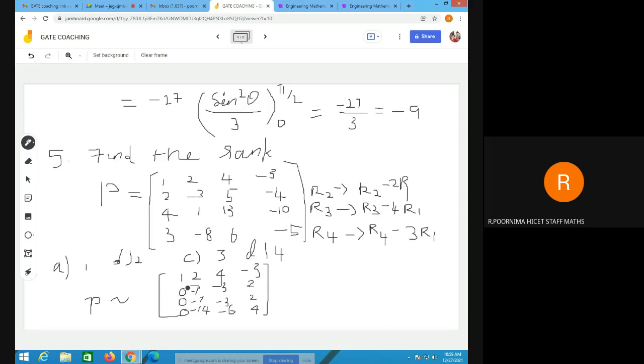If you multiply the second row by 2, you will get minus 14, minus 6 and 4. Then you can subtract both, and the fourth row becomes 0. So you just apply the operations: for row 3, R3 minus R2. Next in row 4, R4 minus 2R2.